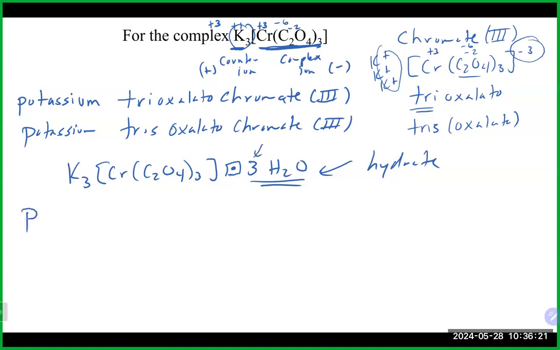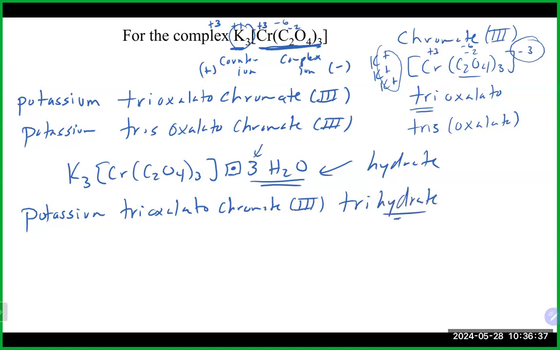So this would be potassium trioxalato chromate 3 trihydrate. Tri for 3 waters, hydrate for water. So I could also do a hydrate situation as well.